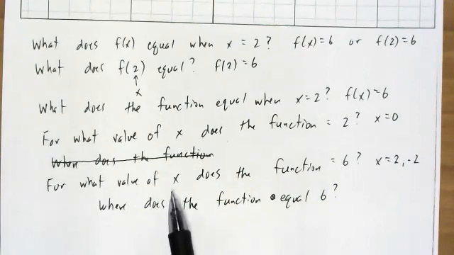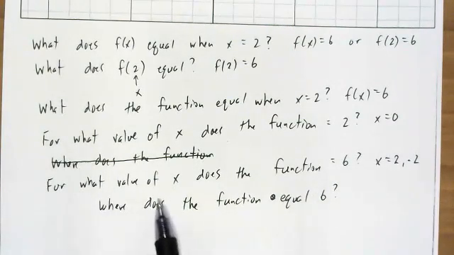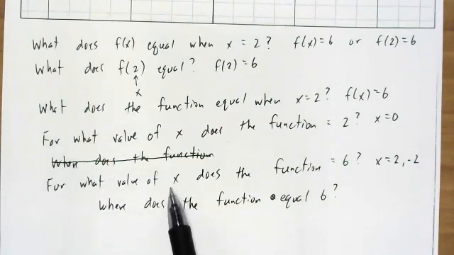For what value of x does the function equal 6? They sort of spell it out. The answers are going to be values of x. Here, you notice x is never mentioned in this question. All they say is, where does the function equal 6?